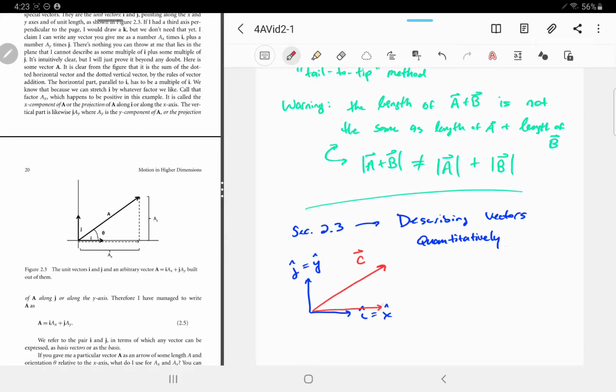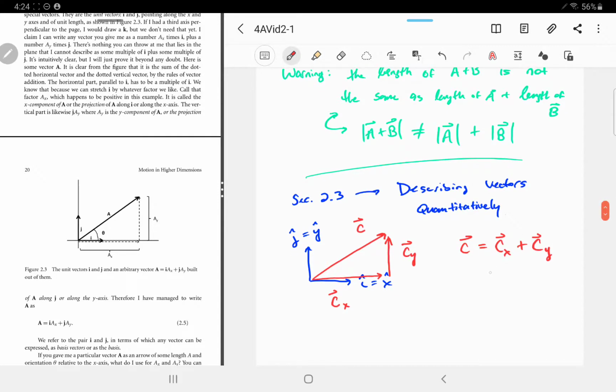I specified that this direction to the right is going to be what we call the i hat direction, and the one up is going to be the j hat direction. So we have right and up. We can call these Cx and Cy. So our vector C is how much of that vector is along the x direction and how much is along the y direction.